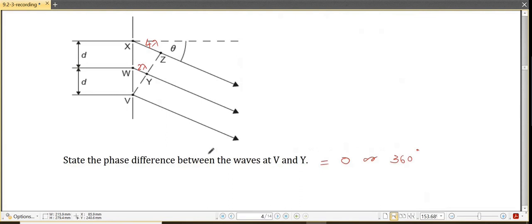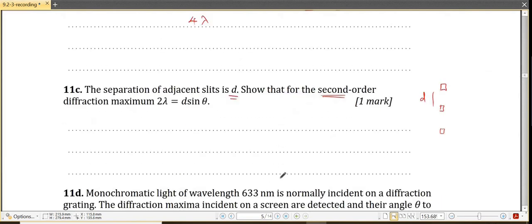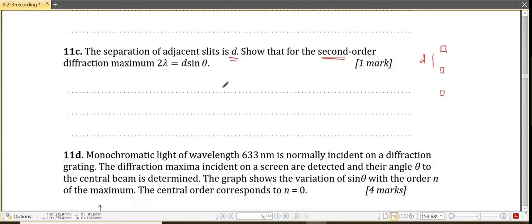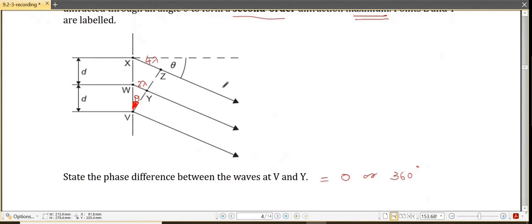Here, this is theta, so this angle, I'm going to shade that. This angle is theta. The equation is talking about sine theta, so I'm going to take the sine theta here.